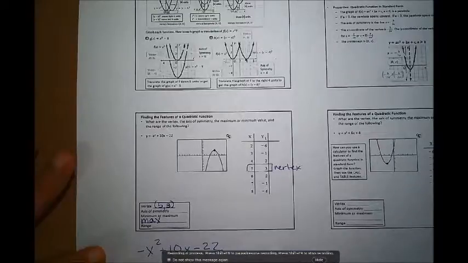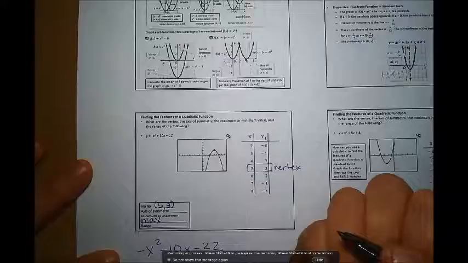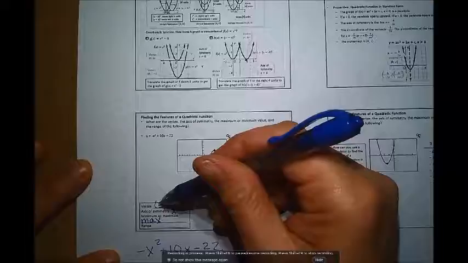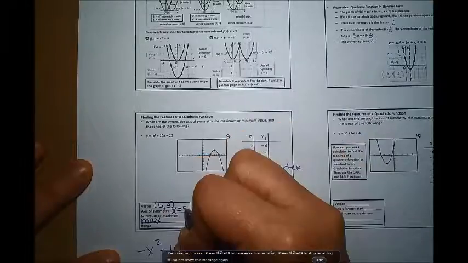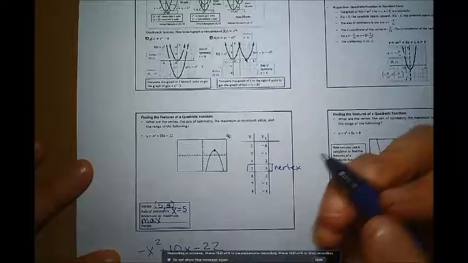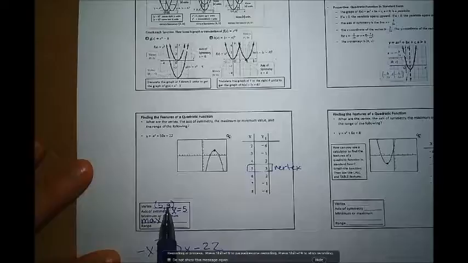That's just your x-coordinate of the vertex. So we say x equals your x, 5. The value of your minimum or maximum is going to be your y. So your max value is 3.